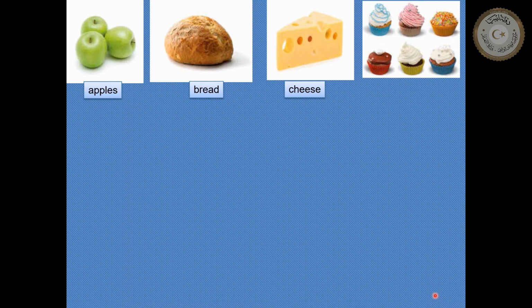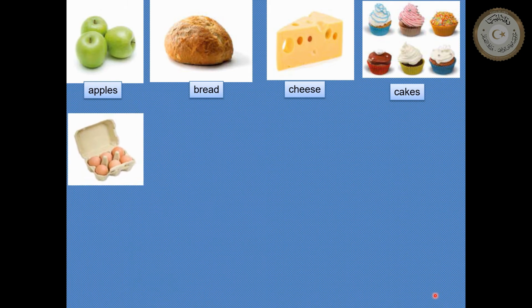Oh, I like this one. What is it? Can you tell me what they are? We have here 6 cakes. So what are they? They are 6 cakes. So there are cakes. Eggs.